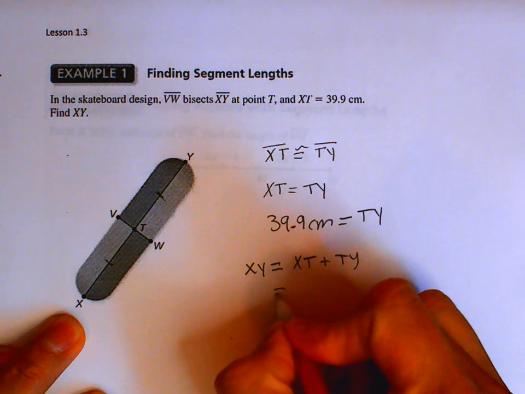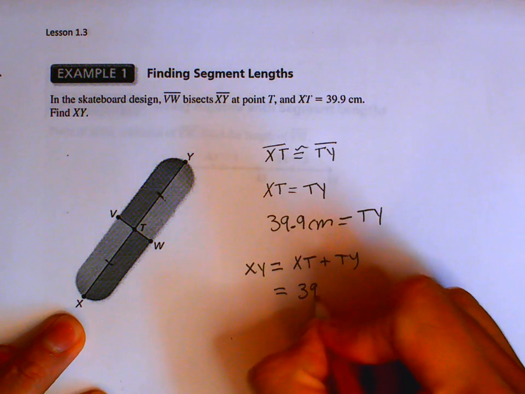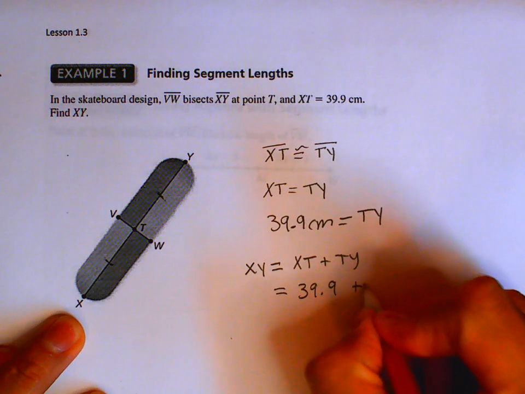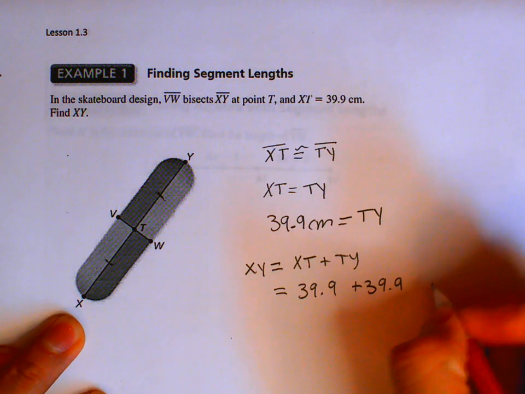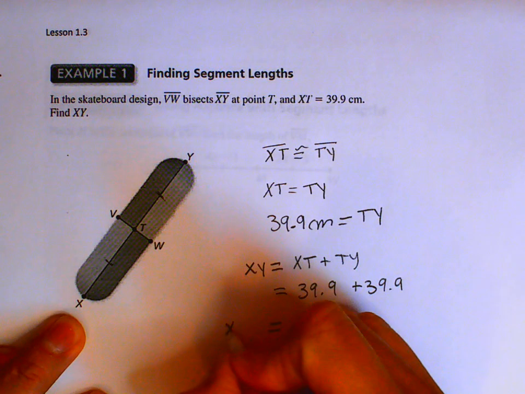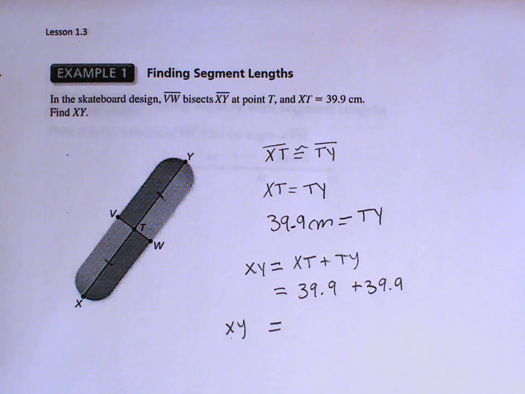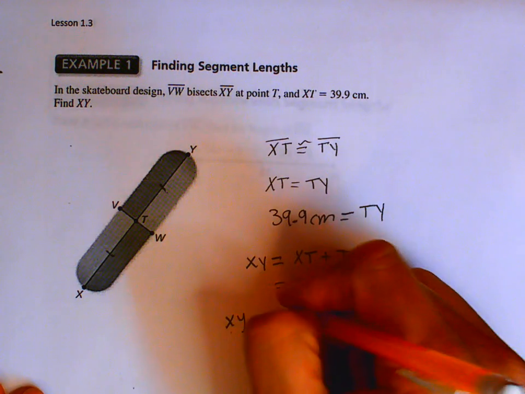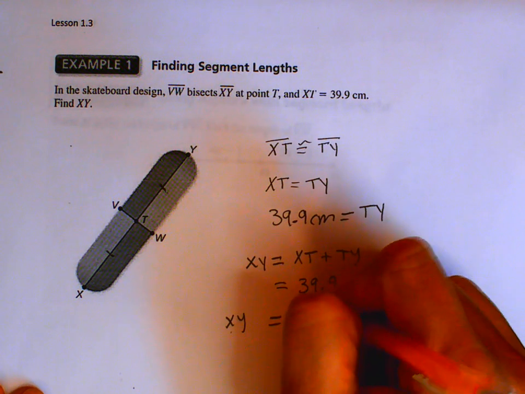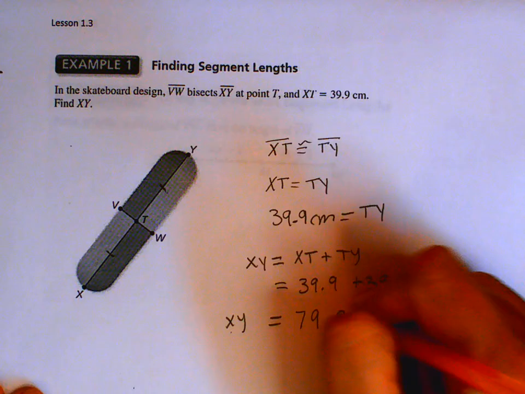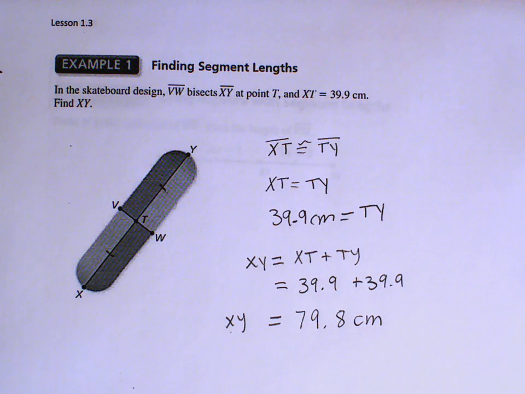Or in other words, you're just doubling it. So 39.9 plus 39.9. XY is the sum of those two. You can add this in your head or grab your calculator, I really don't care. 39.9 times 2, that's 79.8. And our units are centimeters. So that's example number 1.